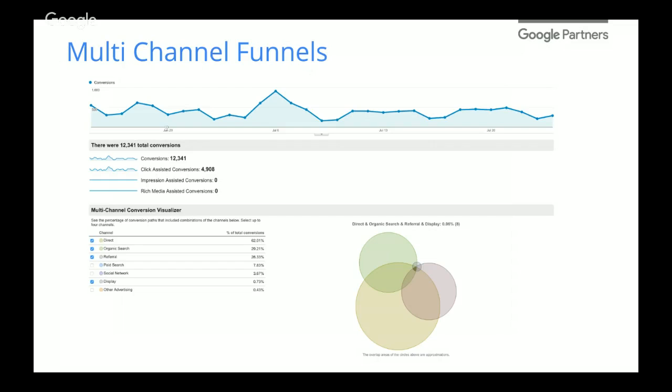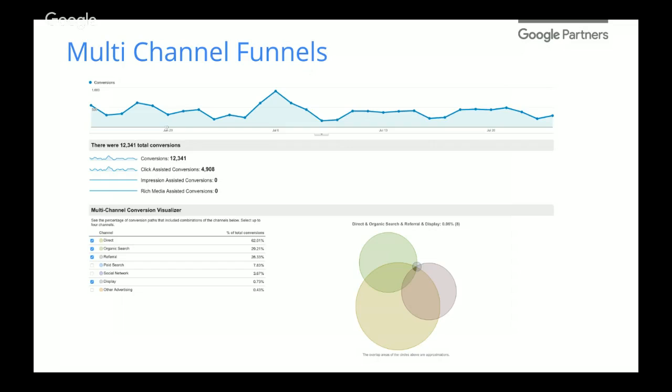So, multi-channel funnels. If you go to the conversions tab, filter down to multi-channel funnels, and simply go to overview, what you have here is essentially a complete overview. It gives you a little Venn diagram and little visualizations of what channels have brought in the customer.